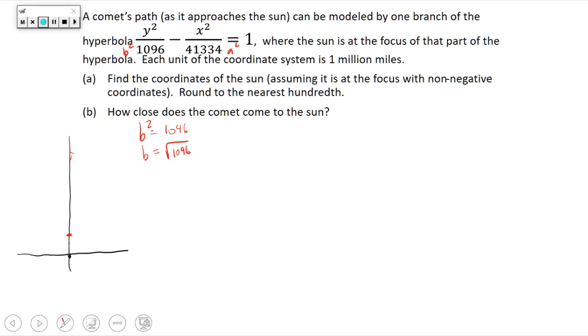And a squared is 41,334, so a is going to be approximately the square root of that, 203-ish, 200-ish. So that's over here.